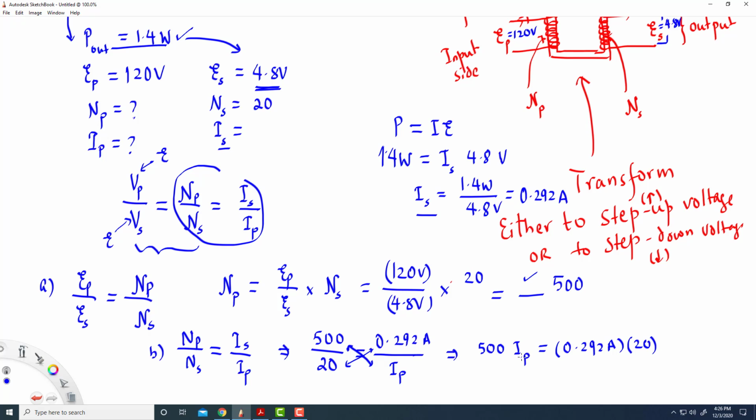So we can separate this IP. For that, we can divide both sides by 500. So cancel that. So IP would be that. So we can do that calculation.